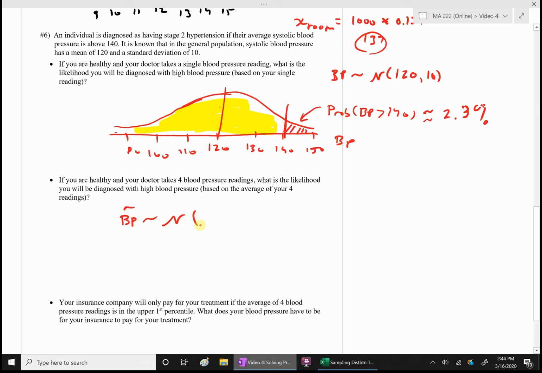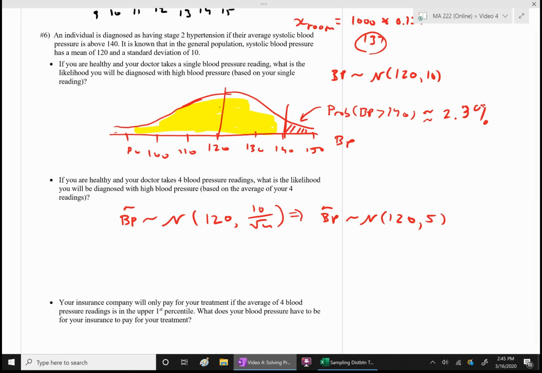The mean is going to be the mean of the blood pressures, which is 120, but the standard deviation will be 10 divided by the square root of 4. So this tells us that the average blood pressure reading has a normal distribution, the mean is 120, and the standard deviation is 5.